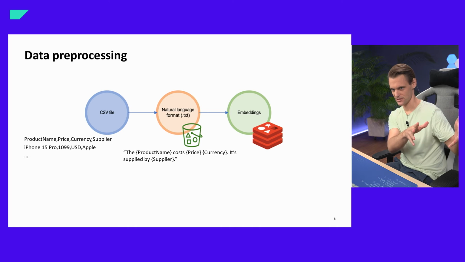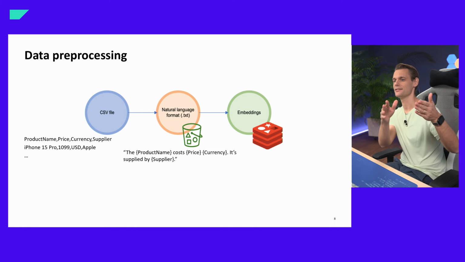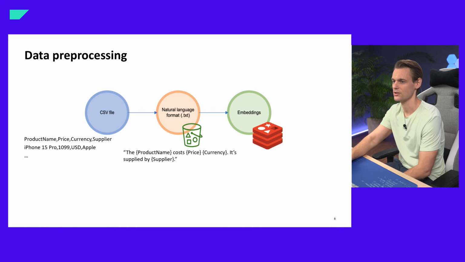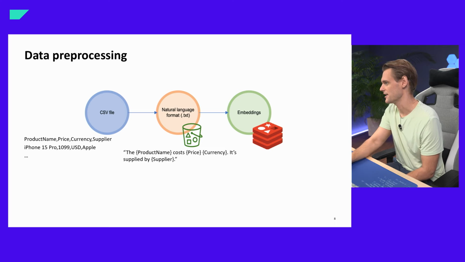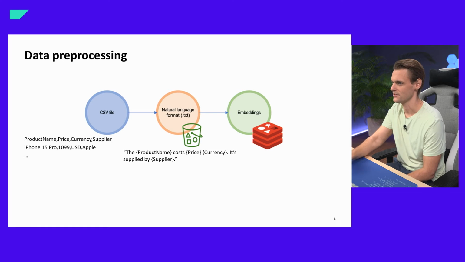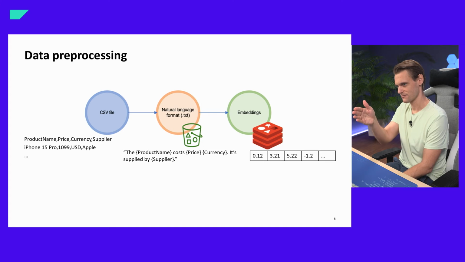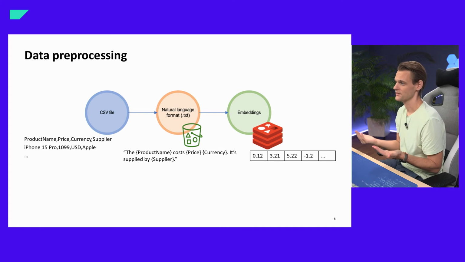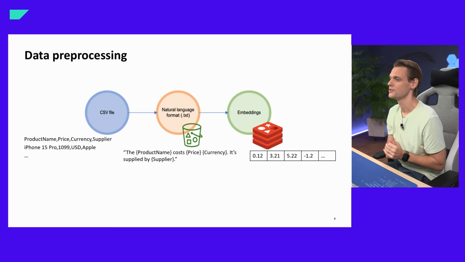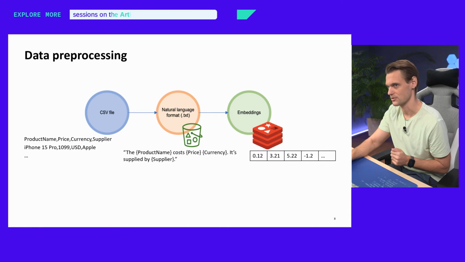So we brought the CSV file content into a long text with the product name, price, currency, and supplier. And the bucket, what you're seeing here, is often as simple as free AWS, what you can run or use behind BTP. And out of this bucket, grab all the content or all the lines and the values and create an embeddings database at the end, a Redis store, what's happening here on the right side.